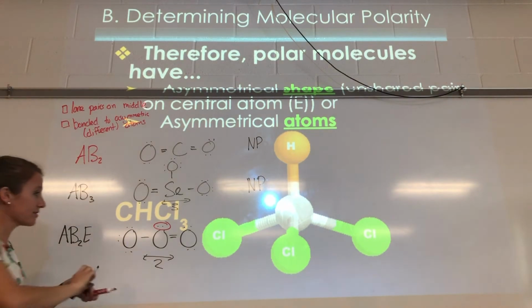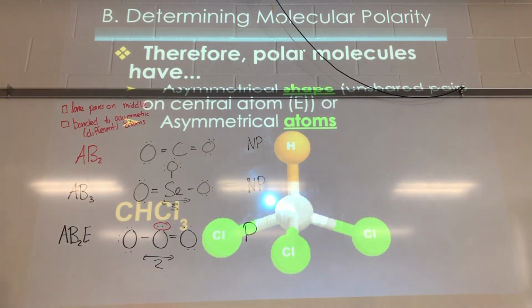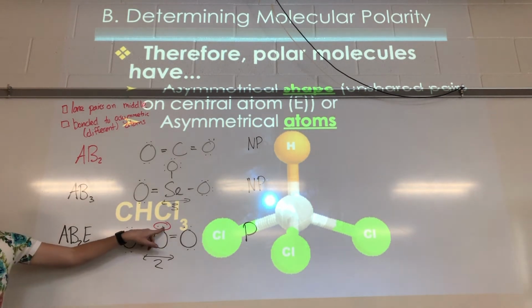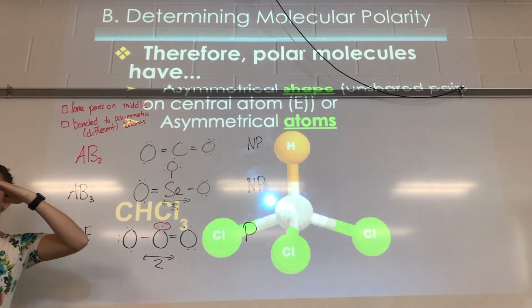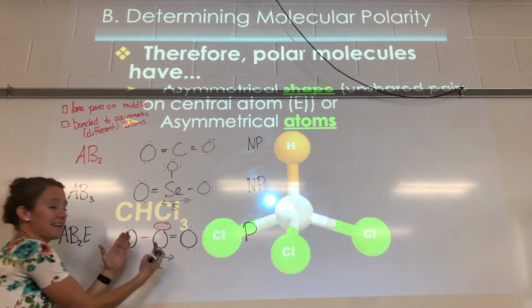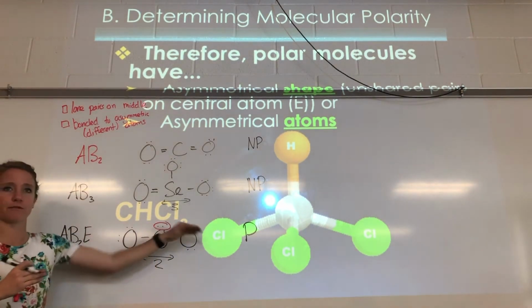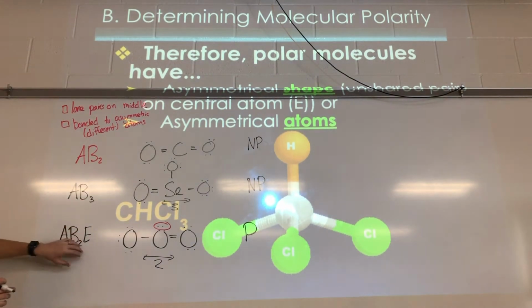Because those are there, this would be classified as a polar molecule. Because what do those dots do to the shape? Not so much pull, you're doing the right motion, Seth, but they push, right? So they make it not symmetrical because it's not really a straight line anymore, right? It's going to be bent. So that's why they affect the polarity.